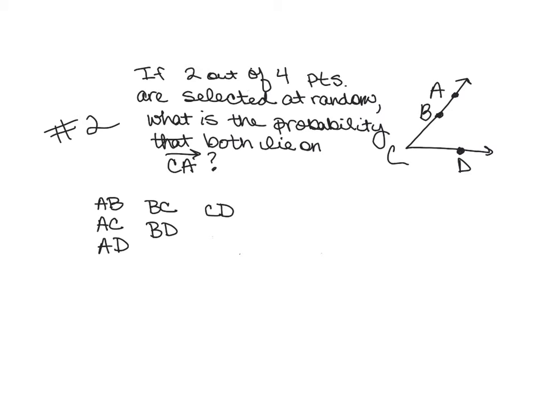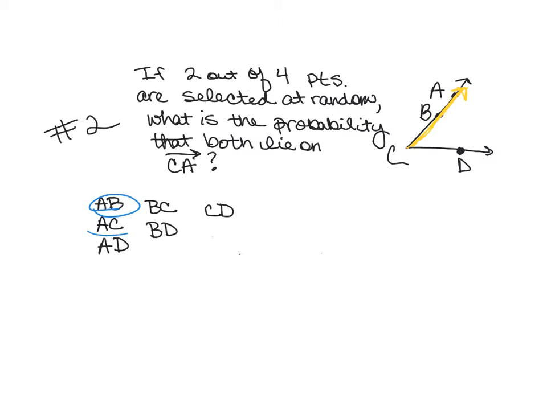Remember, we're trying to see if the 2 points would lie on ray CA. So would AB lie on ray CA? And the answer is yes. Yes, it would. So that's a winner. Points AC, does that lie on this ray?